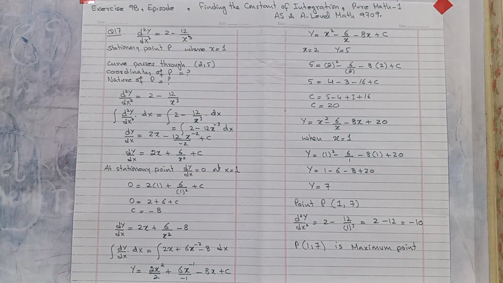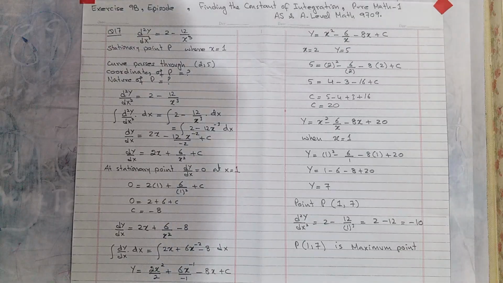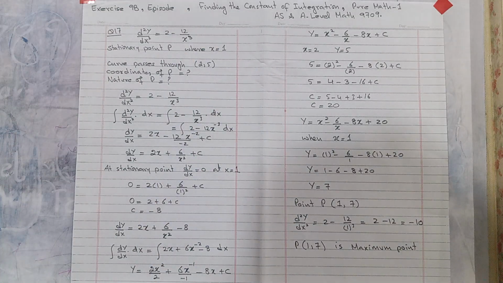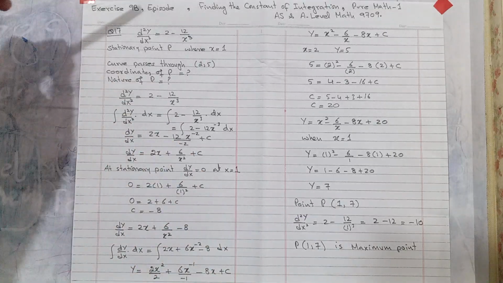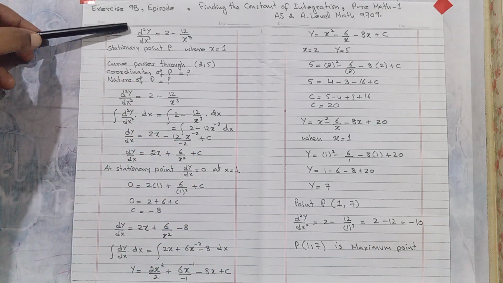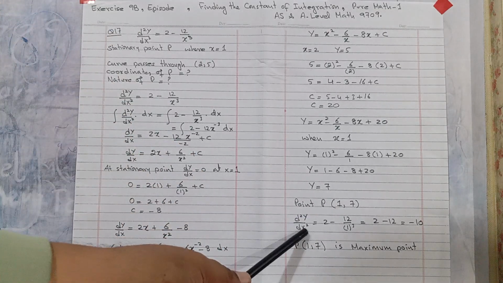Now they ask us to find the nature of this point also. To find the nature of the point, whether it's a maximum point or a minimum point, you have to put its x coordinate into the second derivative. We already know the expression for the second derivative, so I will substitute x with 1 in that expression.